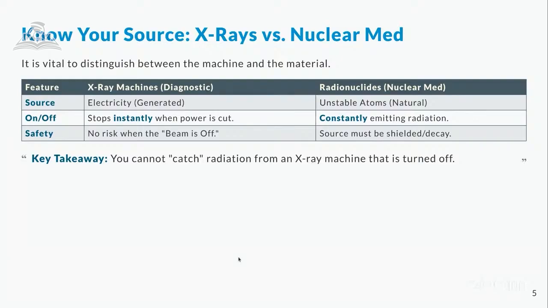Now we have another modality, which is radionuclides. Those are similar to iodine 131, as Dr. Fahad gave as an example earlier. Those are unstable atoms. Some are natural, some are made, and these emit radiation constantly. So the risk profile is different. You cannot shut this off. You must deal with it using three categories: shielding, time, and distance.